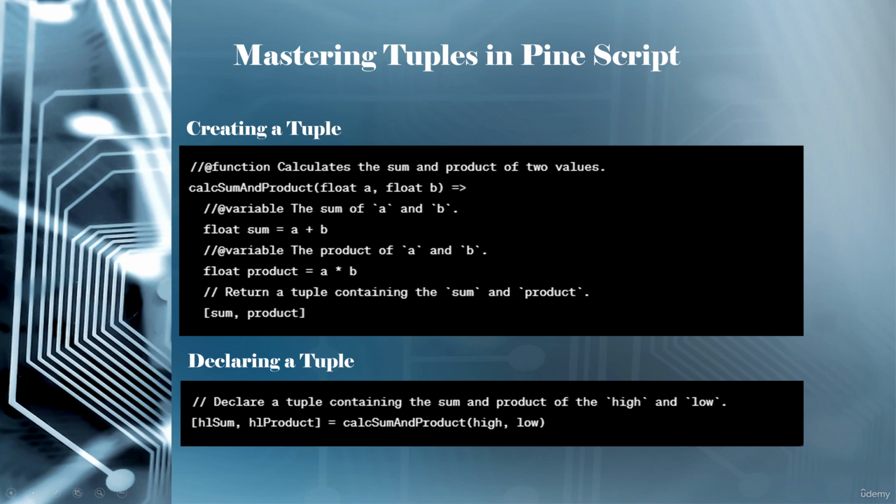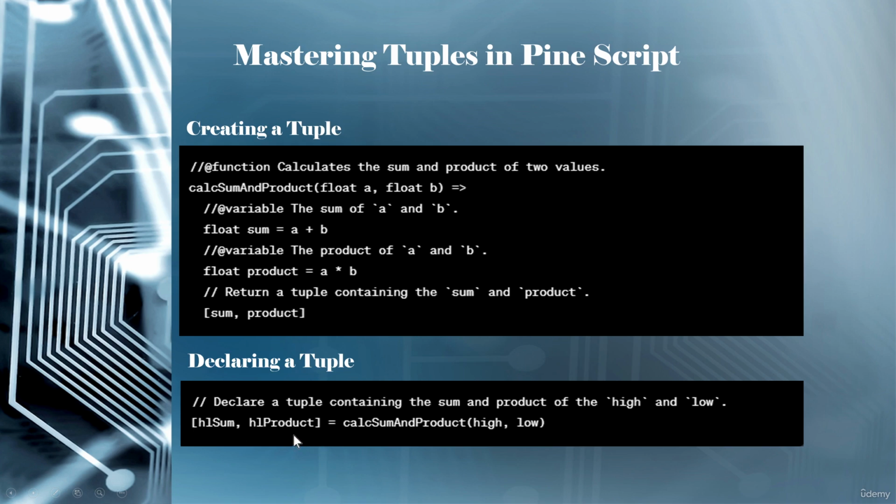So when calling this function, we can use tuple declaration to assign multiple variables. In the following example, we see how to declare a tuple. We declare tuple with two variables. Why two variables? Because we want to assign to this declared tuple return of a function calc sum and product that is returning tuple of two values. So function returning tuple of two values, therefore we're declaring a tuple with two values.